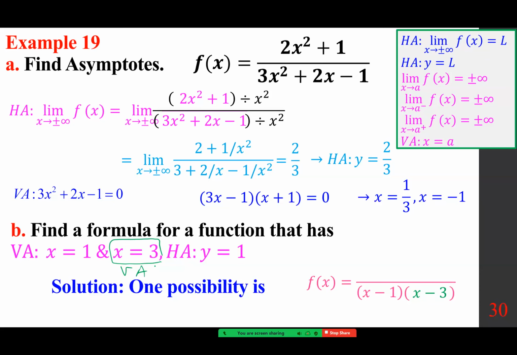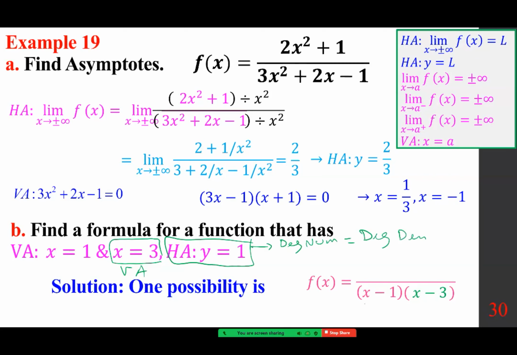Okay, now, since the horizontal asymptote is y equals 1, that means the degree of the numerator, because this is 1, degree of the numerator must be the same as the degree of the denominator.